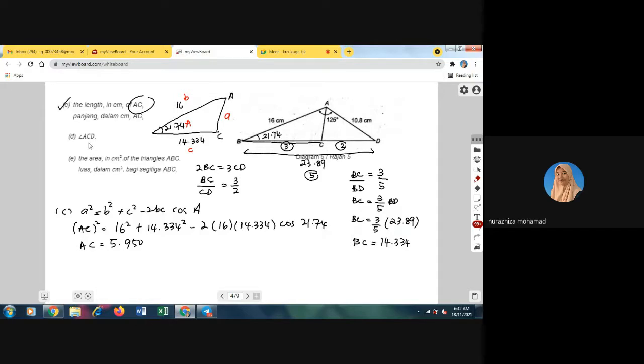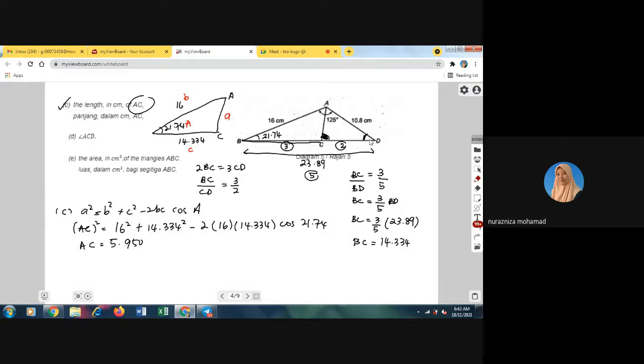Next, we want to determine the angle ACD. ACD, so it is here. Firstly, we can find out the angle here. Use the big triangle ABD. We know the sum of interior angles of a triangle is 180.